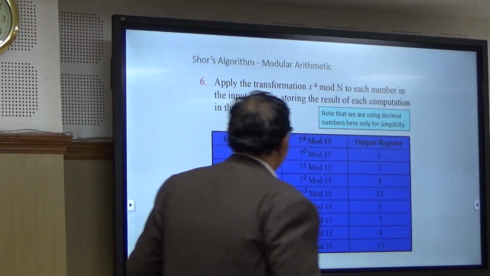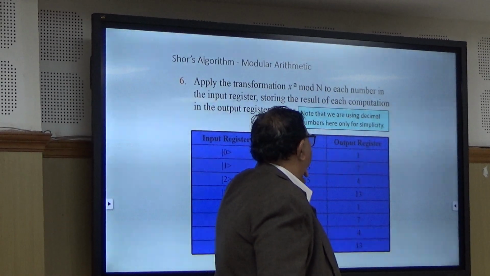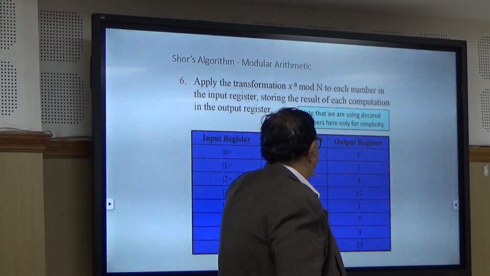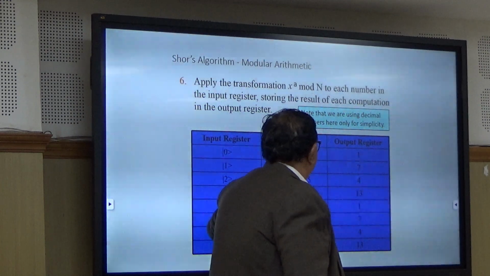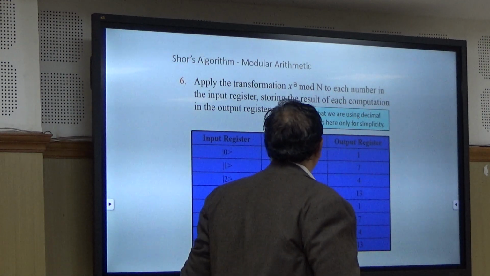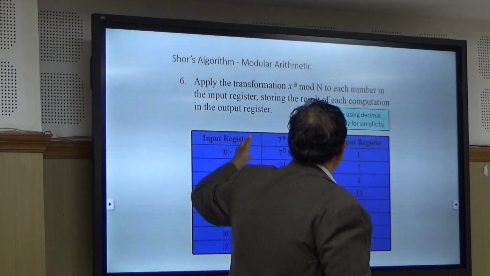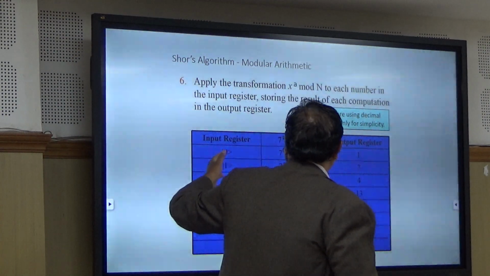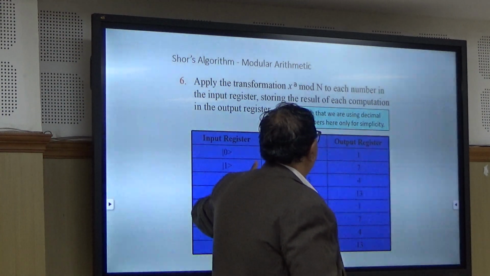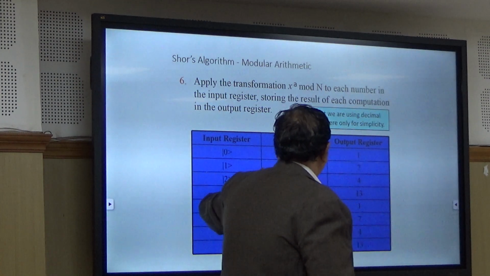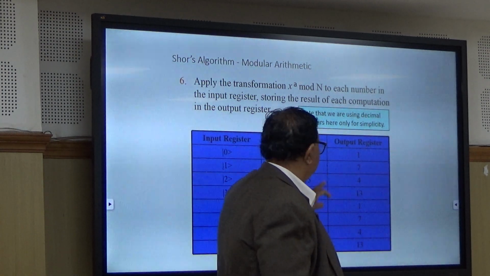So anyhow, the Shor algorithm can further be modified in terms of 0, 1, 2, 3, 7 to the power a mod 15, again output register is 1. So these are the different parts of the transformation from input register to the output in terms of 7 raised to power a mod 15.